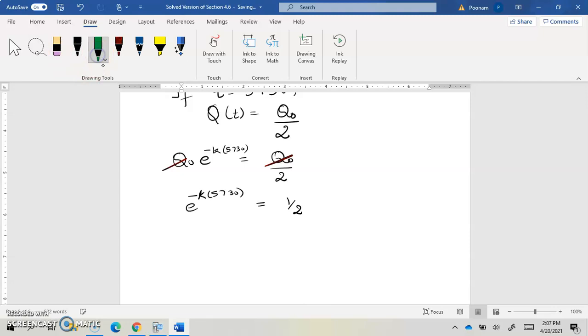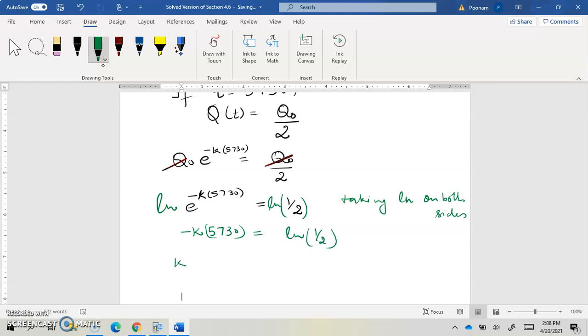We can take natural log on both sides. Log and exponential cancel each other. We are left with the exponent only. So k would be natural log of half divided by negative 5,730. Let's use the calculator.